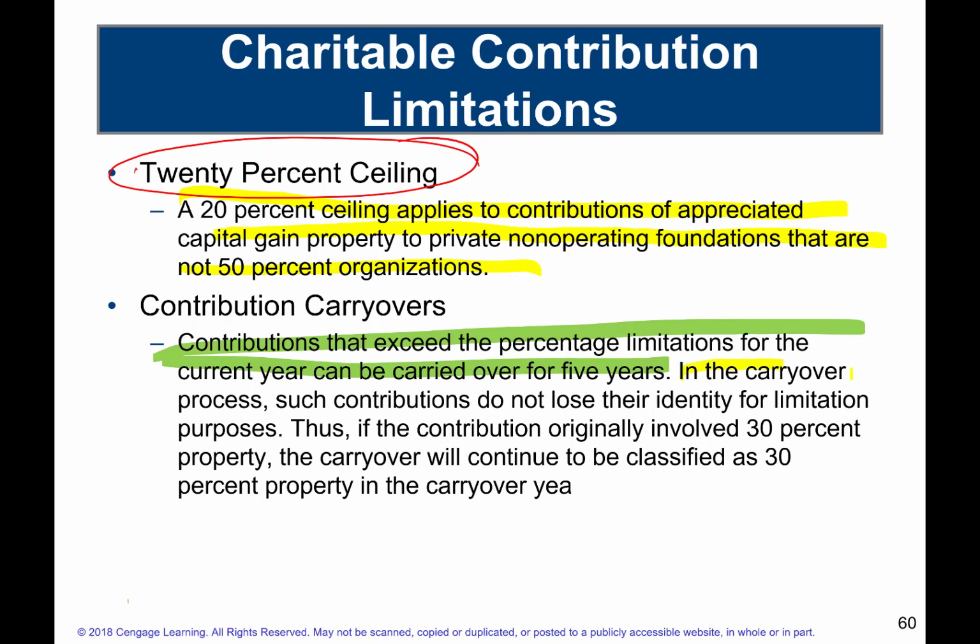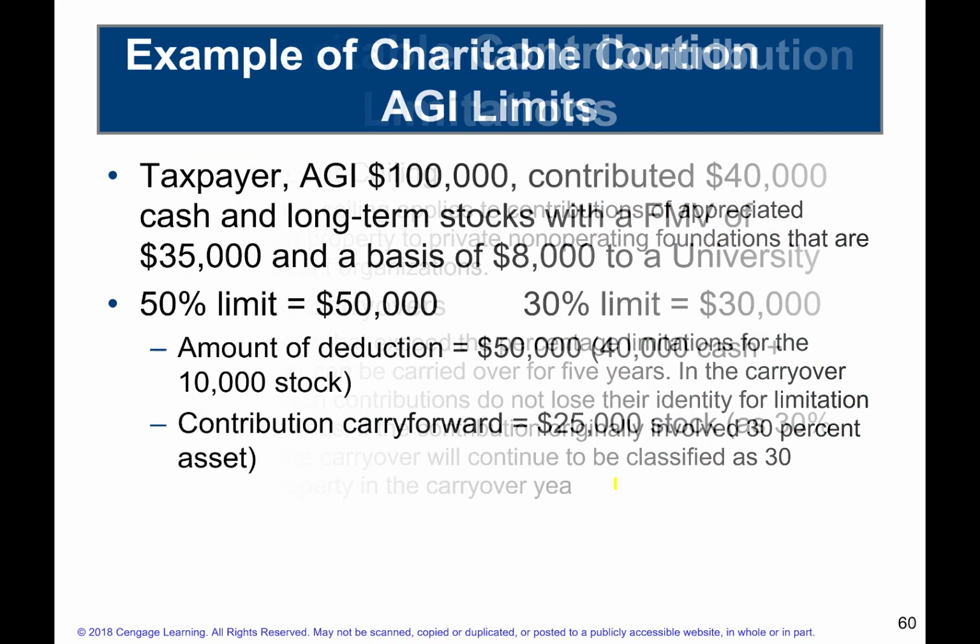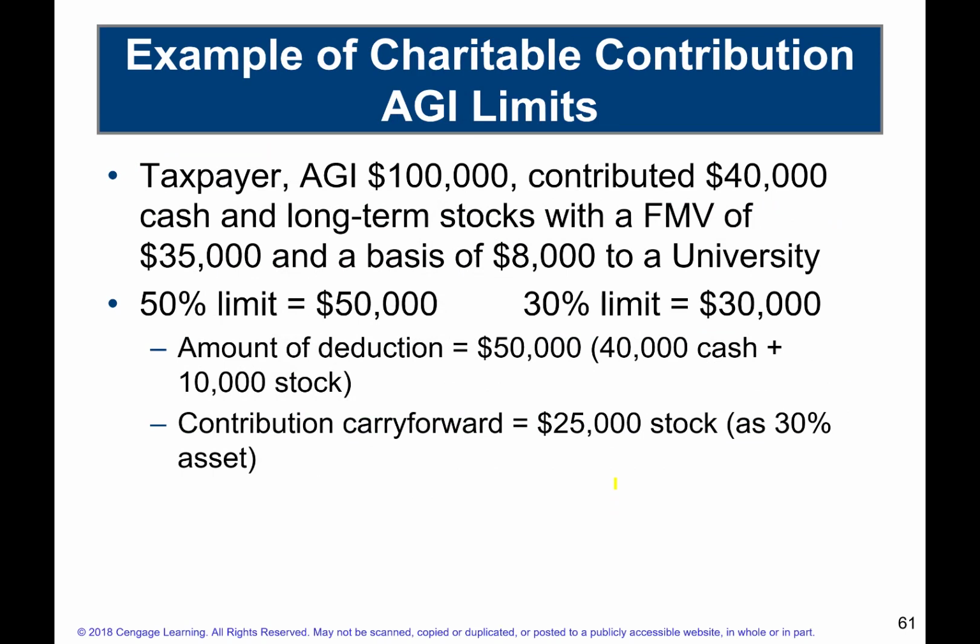So 30% stays as 30%, 20% stays as 20%, etc. Carry over, that's not yay, that's year. Okay. All right. So let's go ahead then and just look at this example, which is somewhat helpful, I think.